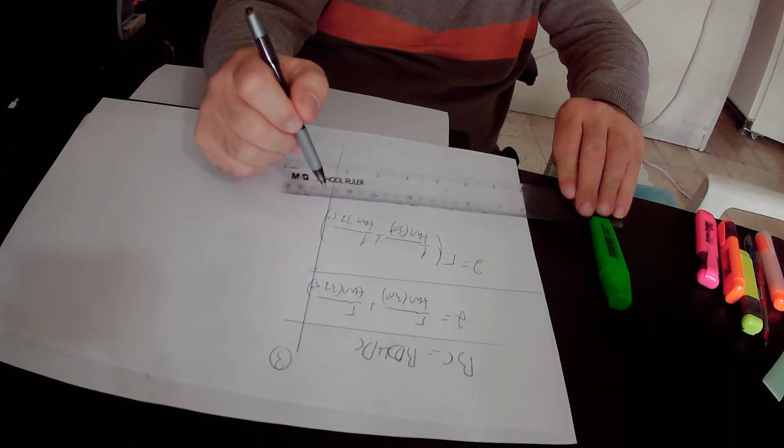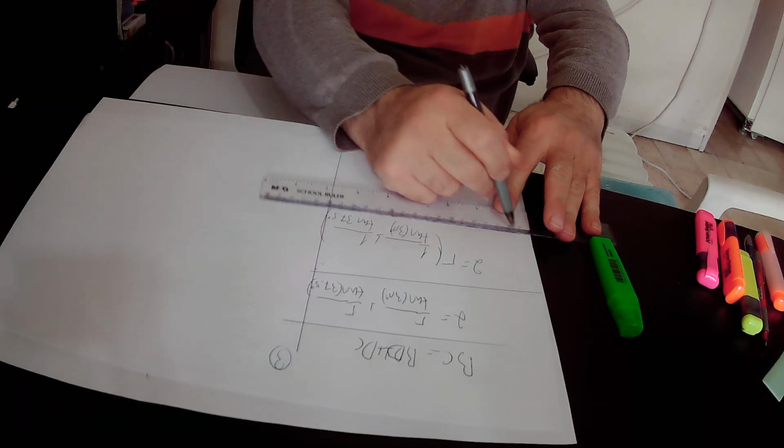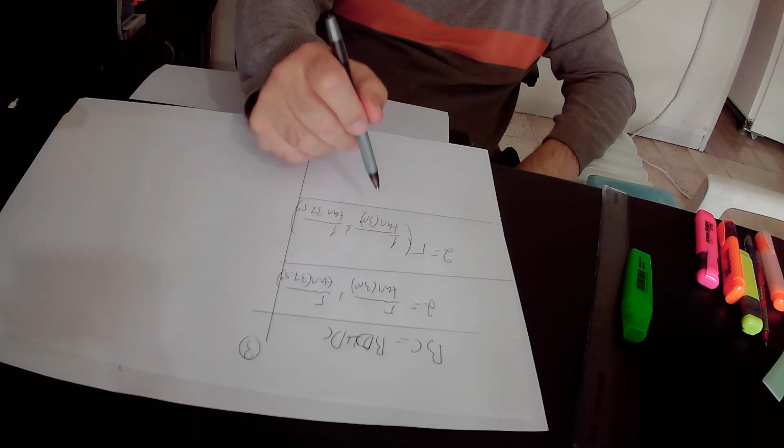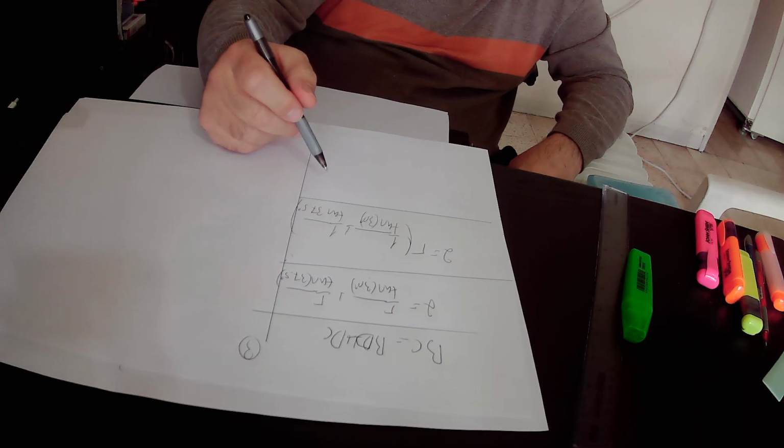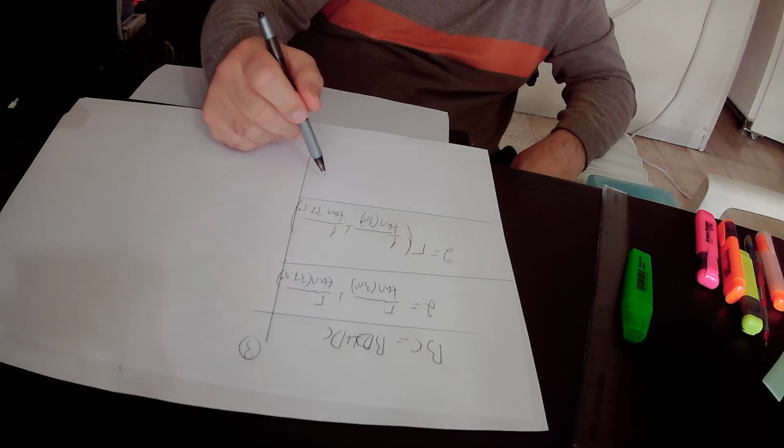So we found out that 2 equals R times (1 over tangent 30 degrees plus 1 over tangent 37.5 degrees).